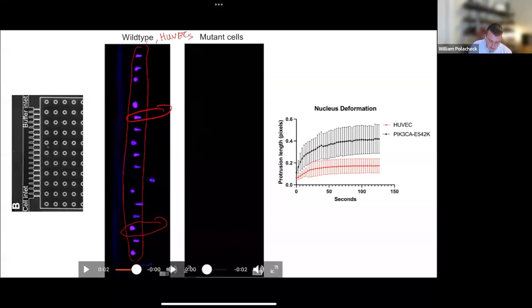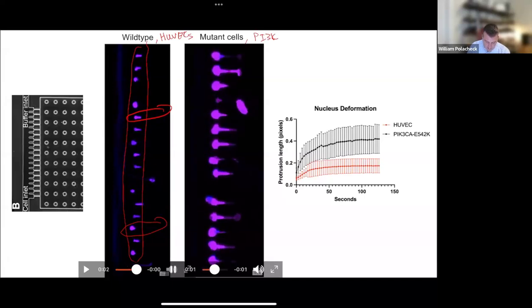Whereas these are mutant cells, expressing a mutation in the PI3K pathway that would be associated with cancer. And when we throw them through this device, you can start to see that, one, they look a lot bigger at baseline. That's what my lab is studying right now. But also you can see that they extend much further into these constricted channels.